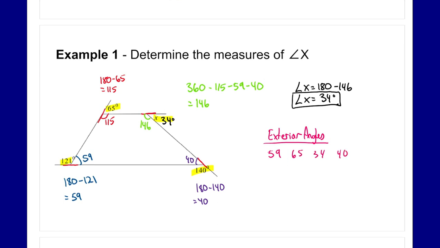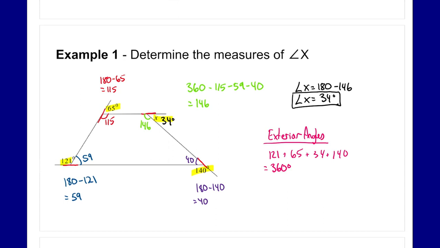What do we notice about all of those angles? Well, let's go through and add them up. 59 plus 65 plus 34 plus 140. 121, 65, 34, 140. We see that they all add up to 360 degrees.